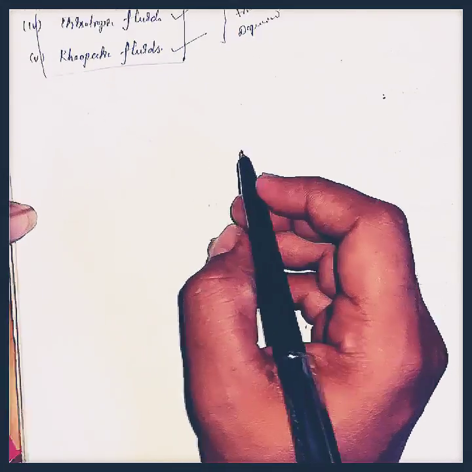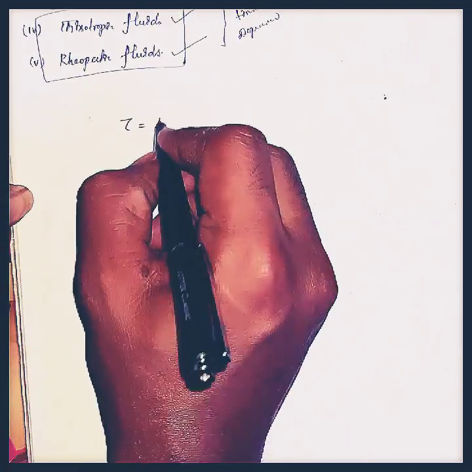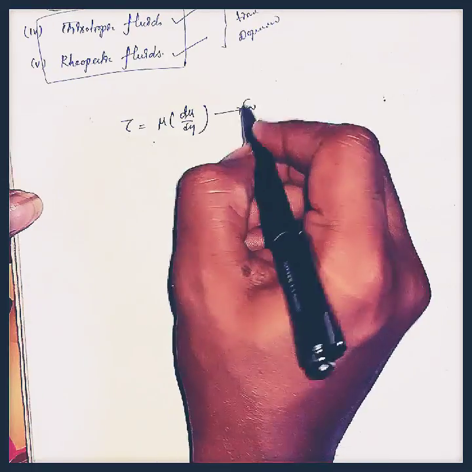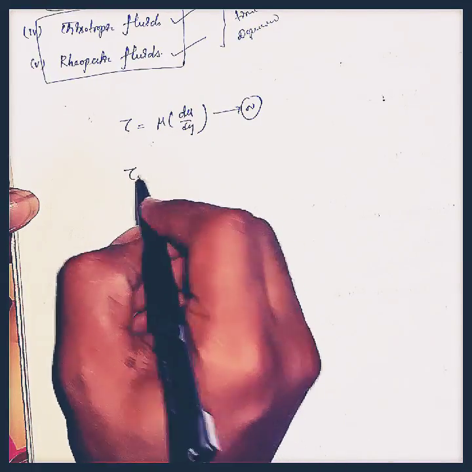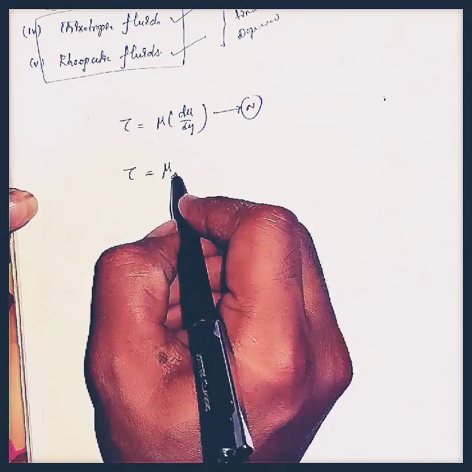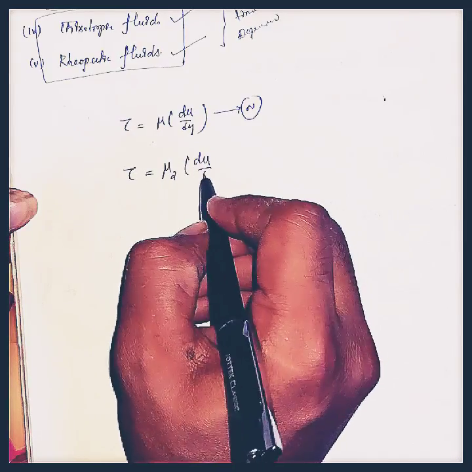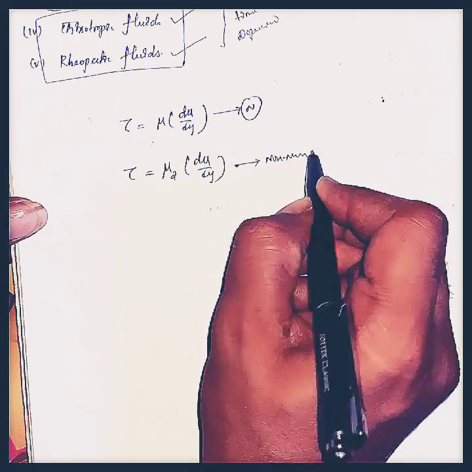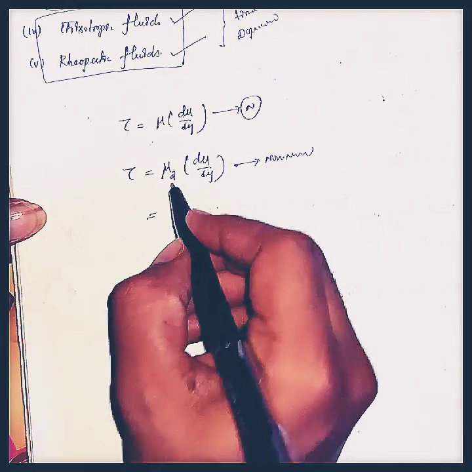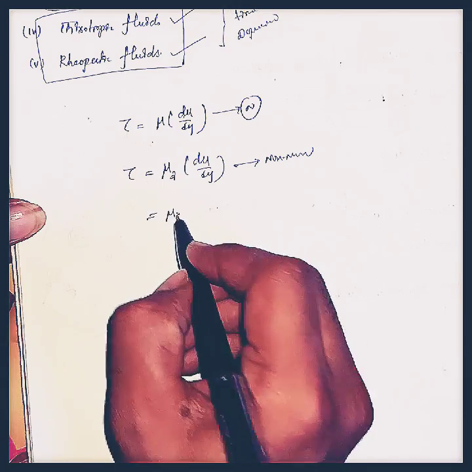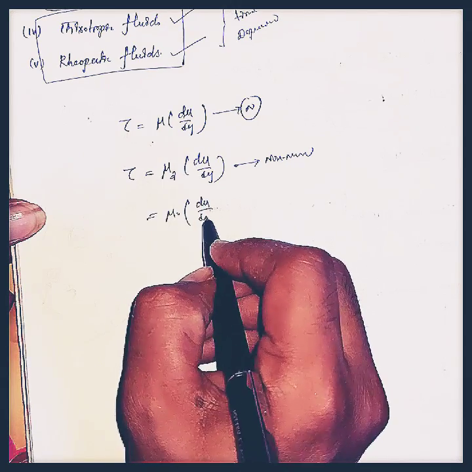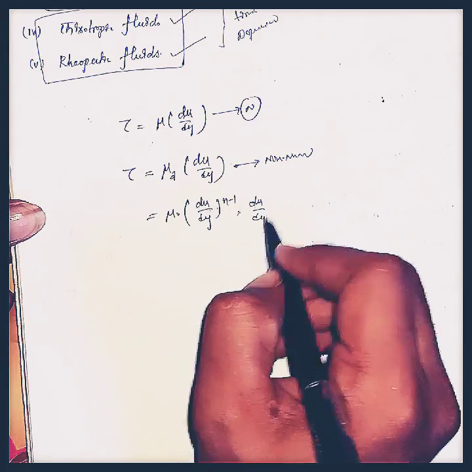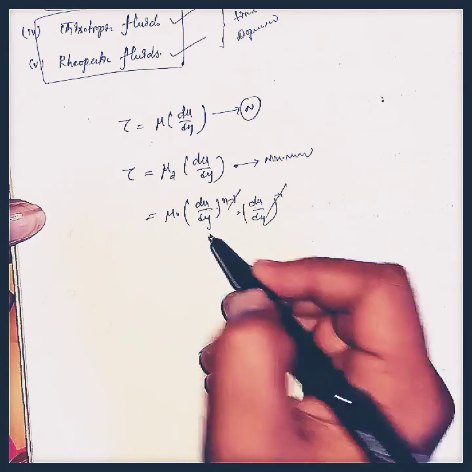Here, for Newtonian fluids, tau equal to mu into du by dy. For non-Newtonian fluids, tau equal to mu apparent into du by dy. Here we know mu apparent is nothing but mu into du by dy whole power of n minus 1, into du by dy. This plus 1, this minus 1 get cancelled.